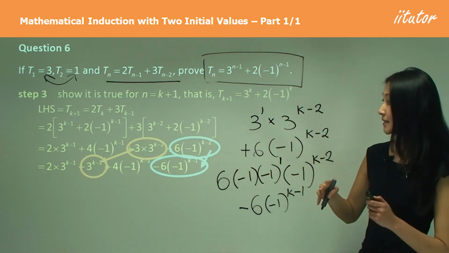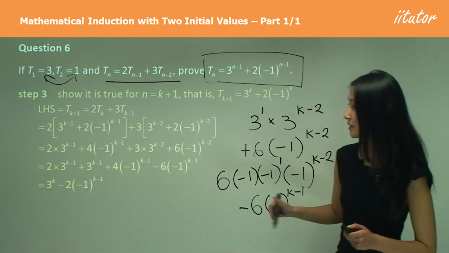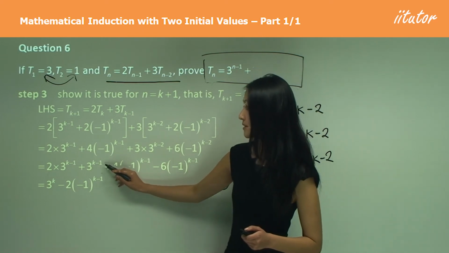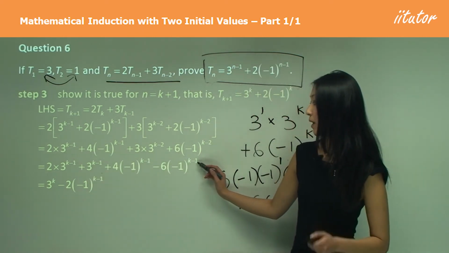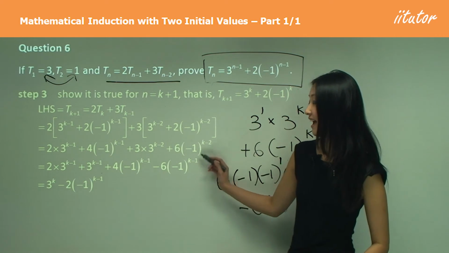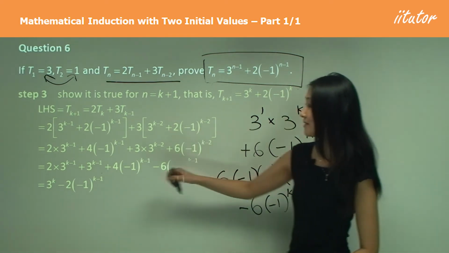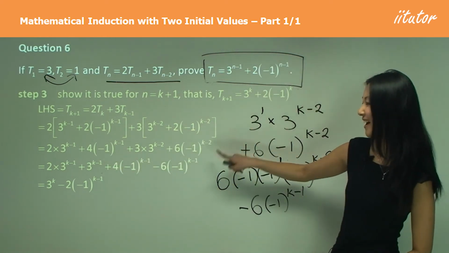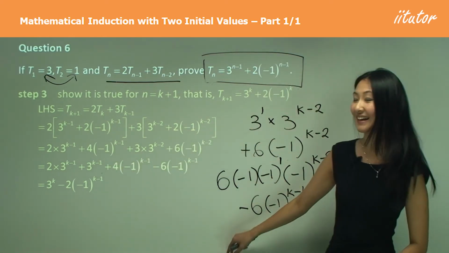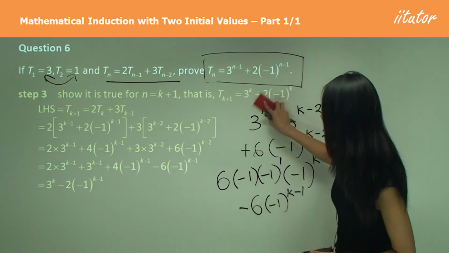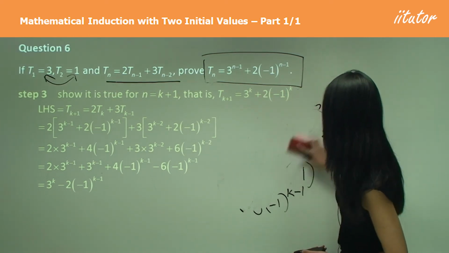I've just grouped them together. So I've just put the 3 to the k minus 1 together and the negative 1 to the k minus 1 together. And this kind of looks similar to our right-hand side, except 3 to the k minus 1 isn't quite that, and neither is k minus 1 quite k. So what I do now is I put them all together.